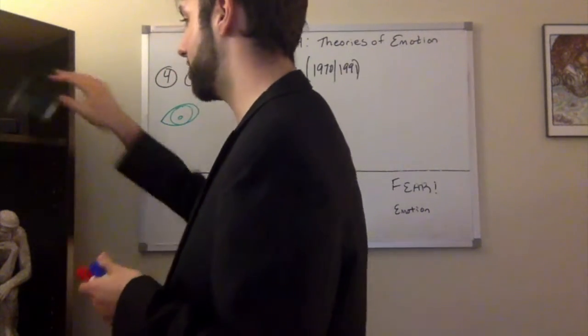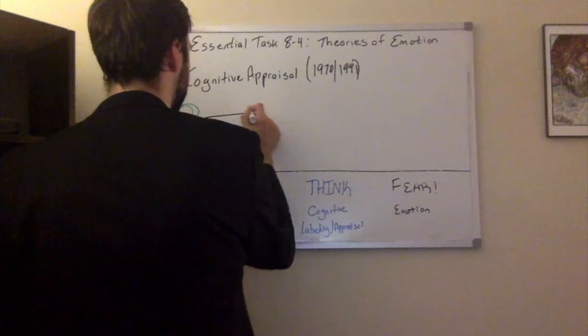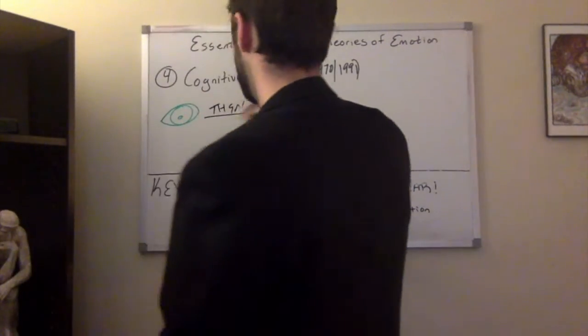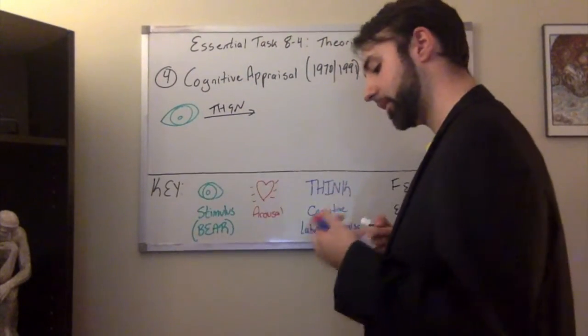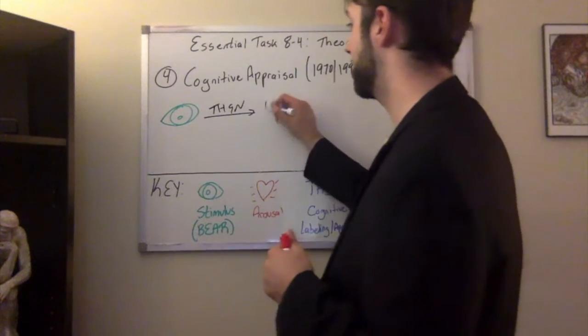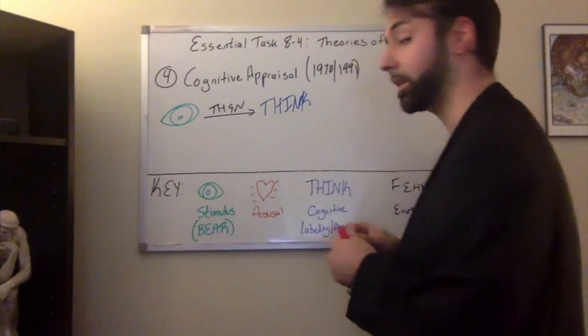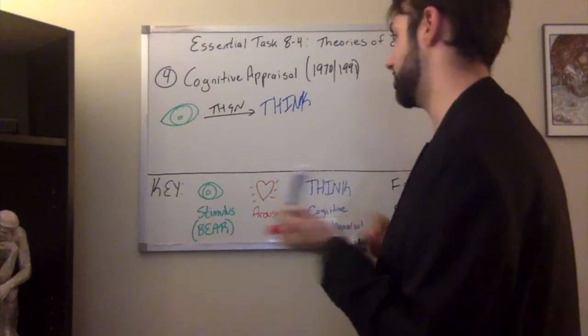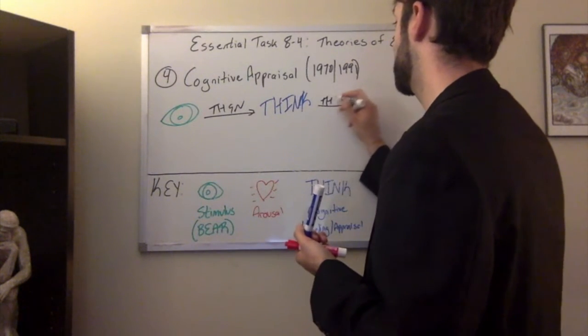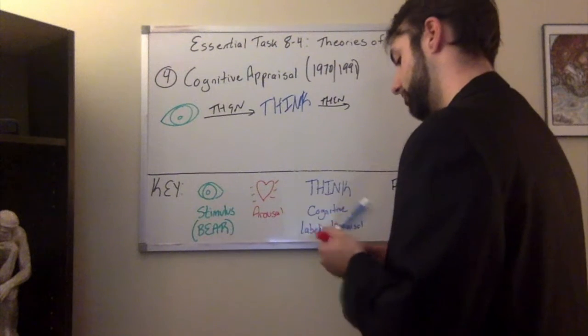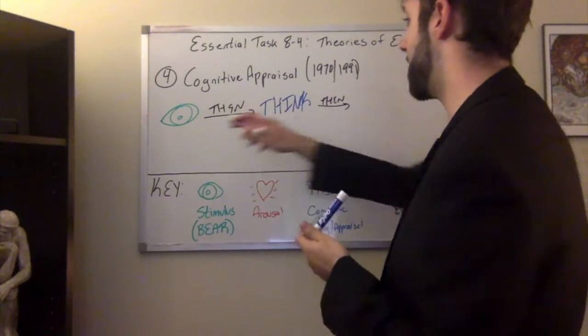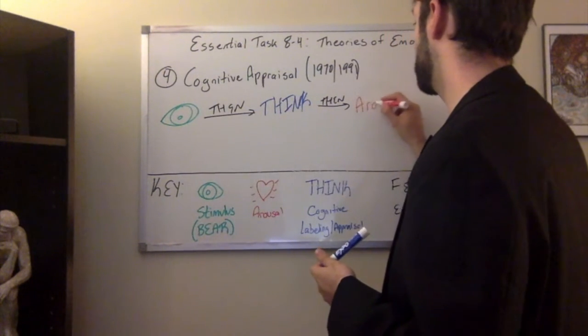Very similar first beginning. We always start with the stimulus. What's a little bit different here, though, is we're now going to flip the second and third phase, at least in comparison with the Schachter-Singer two-factor theory. So, you see a bear, then you think about it.